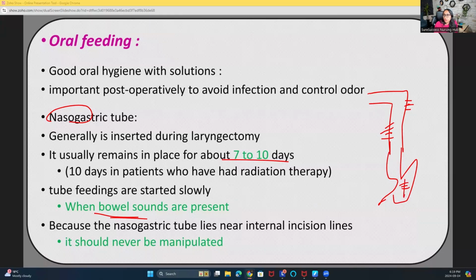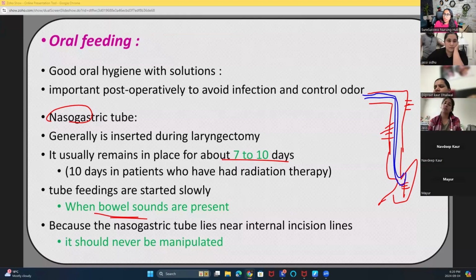In these surgeries, whenever there is an NG tube placement, can you see the NG tube is directly touching the sutures? Yes. Right? It is directly touching. So either it is tonsillectomy, laryngectomy, or gastric resection surgery.